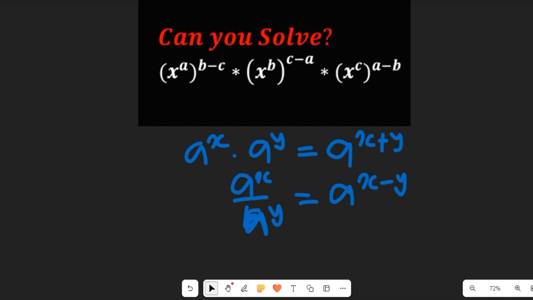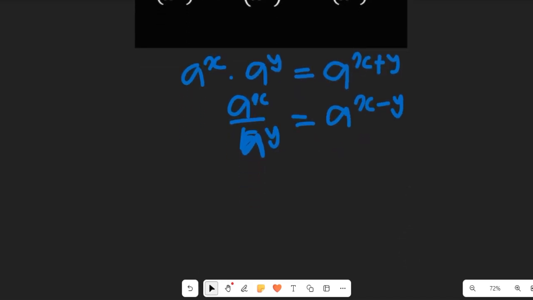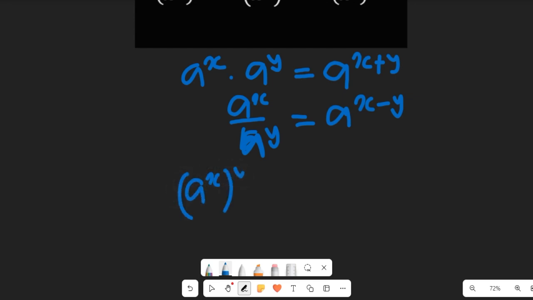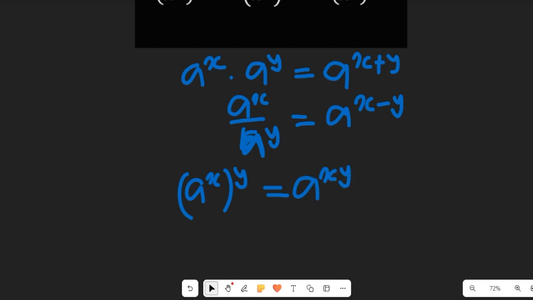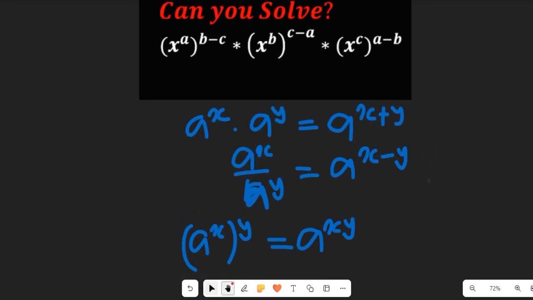Now, the third rule says if I have a to the power of x, all to the power of y, this is equal to a to the power of x multiplied by y. These are rules of exponents that you might be quite familiar with.